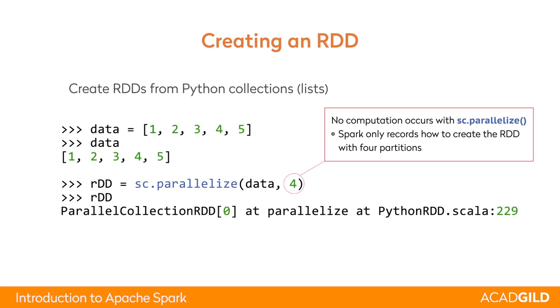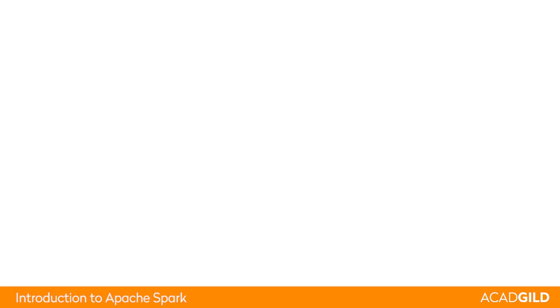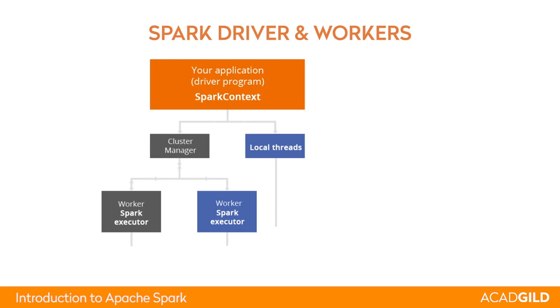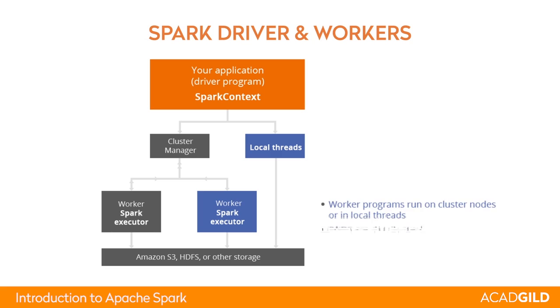So we have talked about how to create an RDD from a file, what is lazy evaluation, and how to control the partitions of a file. This is how the architecture of Apache Spark looks like. First of all, we have a Spark context object which is present in our program, and this Spark context object is responsible for controlling the life cycle of the Spark application execution.